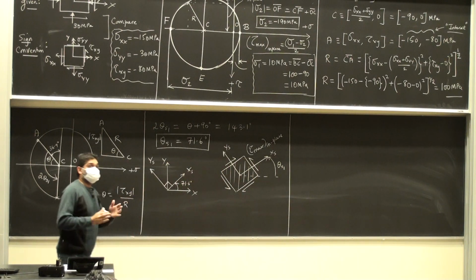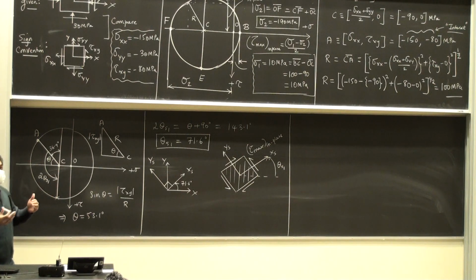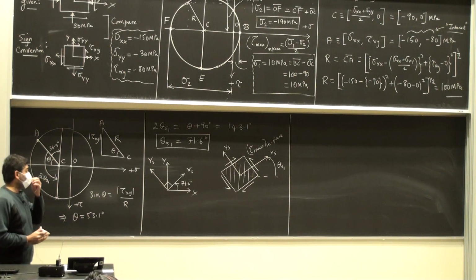But on the plane containing tau max, I'm going to have an average normal stress value. This is going to be the same in all the directions.